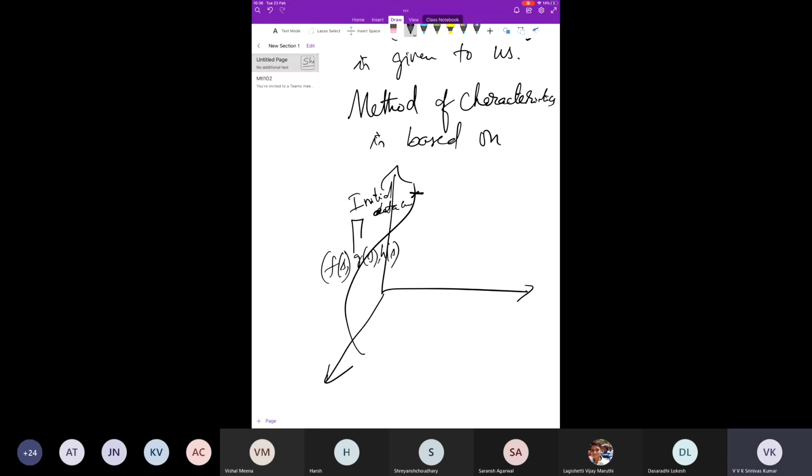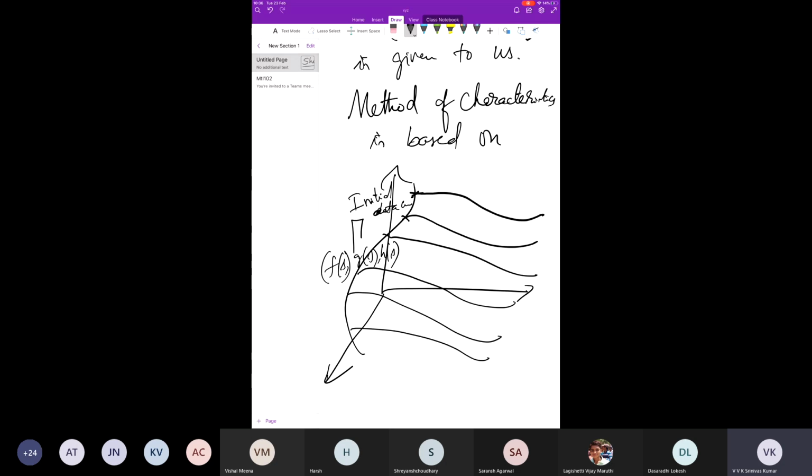Take any s, fix any s, and draw a characteristic curve. Fix another s, draw a characteristic curve. Like that, based on this initial data curve, we draw the characteristic curves and produce this integral surface or solution surface.